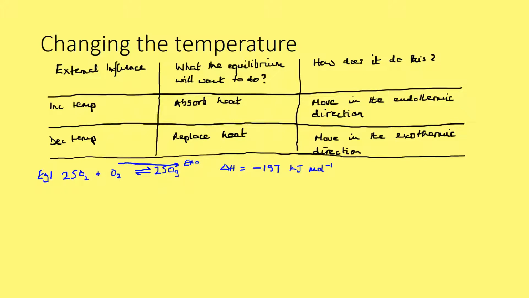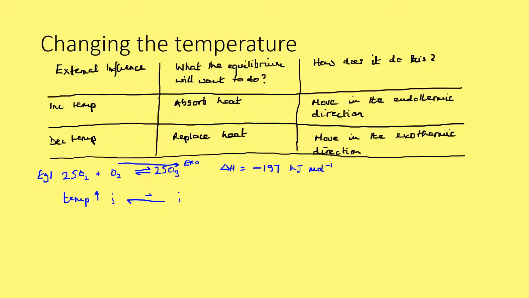Okay, so let's consider that we increase the temperature. If we increase the temperature in such an equilibrium, first thing we want to know is what is going to happen to the position of the equilibrium. Well, the equilibrium is going to move to the left, to absorb that heat, because we want to go in the endothermic direction, which is the backwards or the left direction.